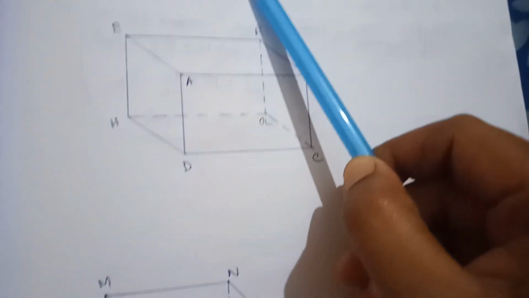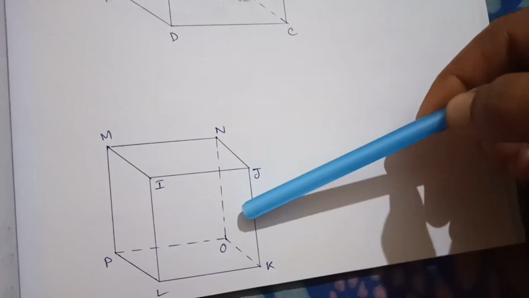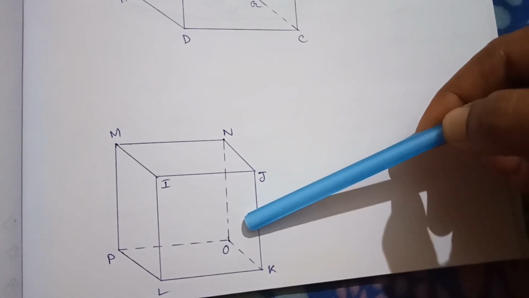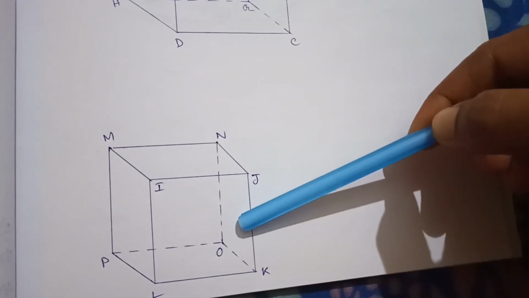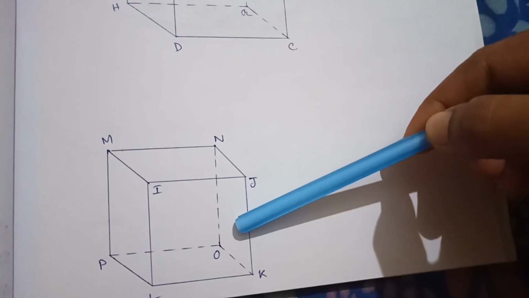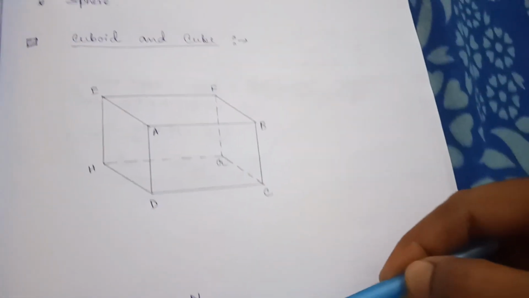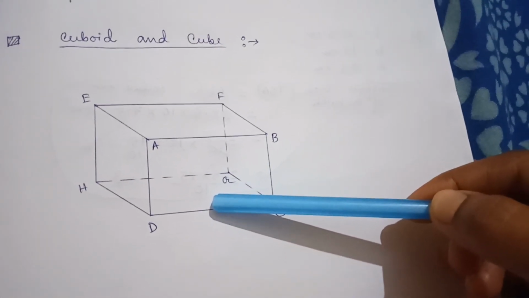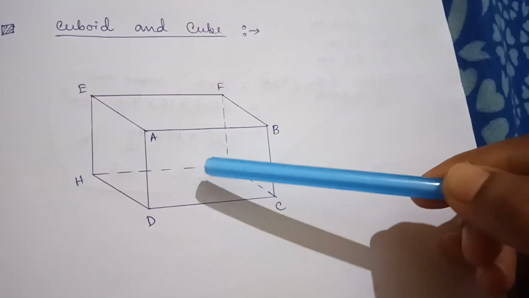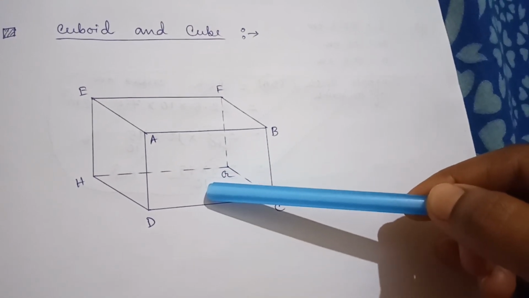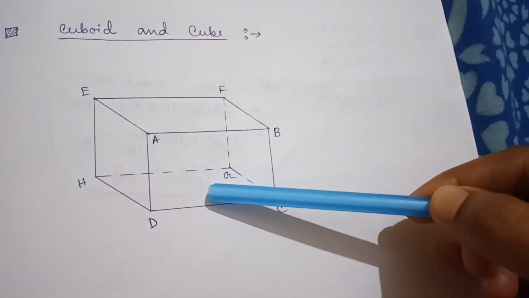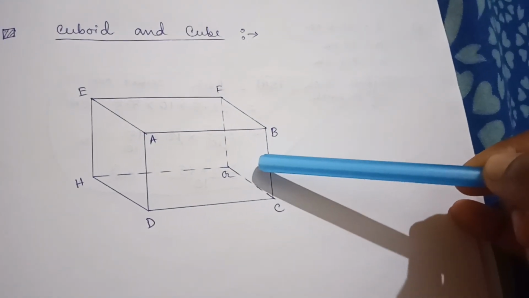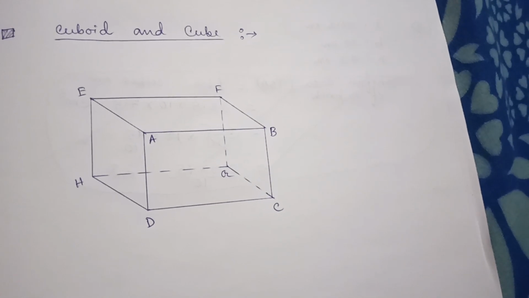And a cube is the same kind of box-like figure, but all surfaces are squares. Now coming to the cuboid's surface areas. You can see from this box that it has a total of 6 surfaces.